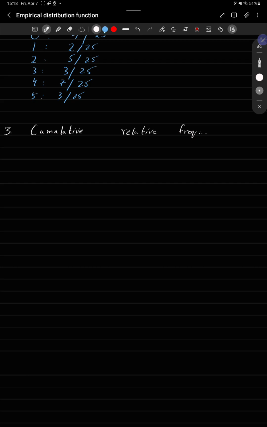See, we have 0 here. This is called our data point. Then we write our frequency, which is 4.